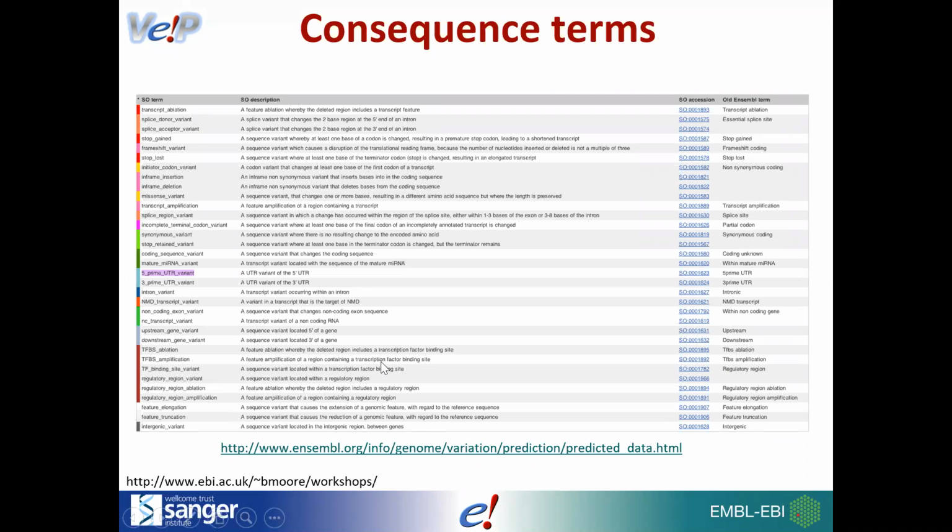So a lot of things there that you might include as annotations to your sequence variants. Here we have the stop gain, which I just explained. A normal coding codon is changed into a stop codon, leading to a shorter transcript.